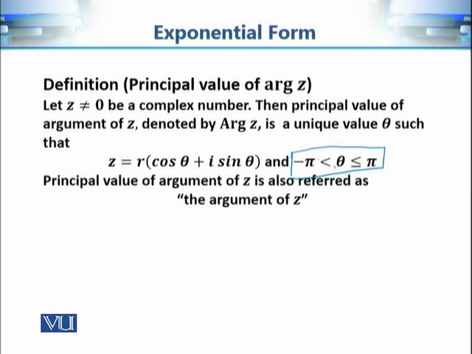Theta lies between minus pi and pi, but we are allowed to be equal to pi but not equal to minus pi. So in other words, if we have this complex plane, then we calculate angle theta. We are allowed to go in this direction and we are allowed to be equal to this line, but from this direction we are not allowed to be equal to this line.